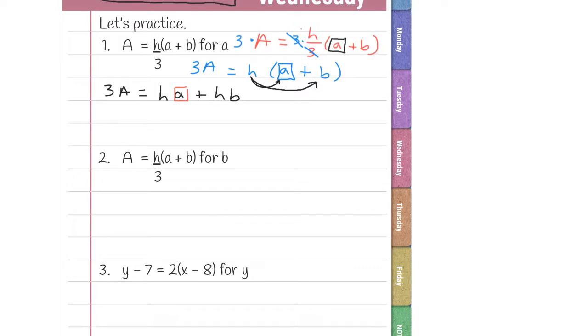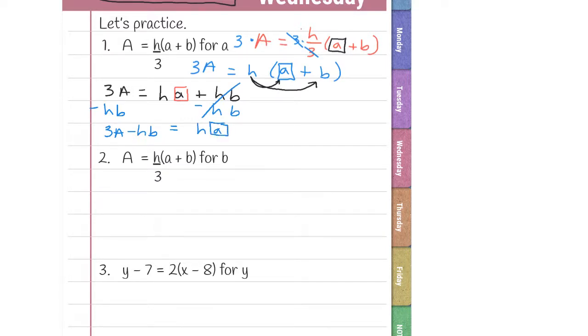So I'm going to start with the thing that is the furthest away from that box. So this would be the HB. What is the opposite of positive HB? Well, it's negative HB. HB minus HB reduces to 0. And I do the same thing over here. So then I have that 3A minus HB is equal to HA.